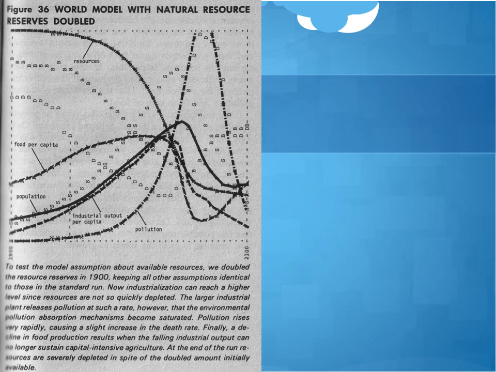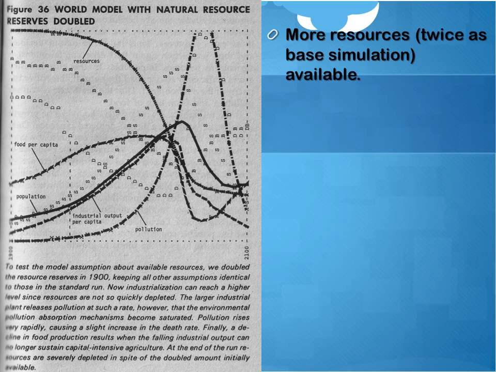An example is, what if we discover more oil reserves, or we have better ways to access groundwater and minerals? So there's more resources, and in this particular simulation of the model, there were twice as many as the base simulation that was presented before.